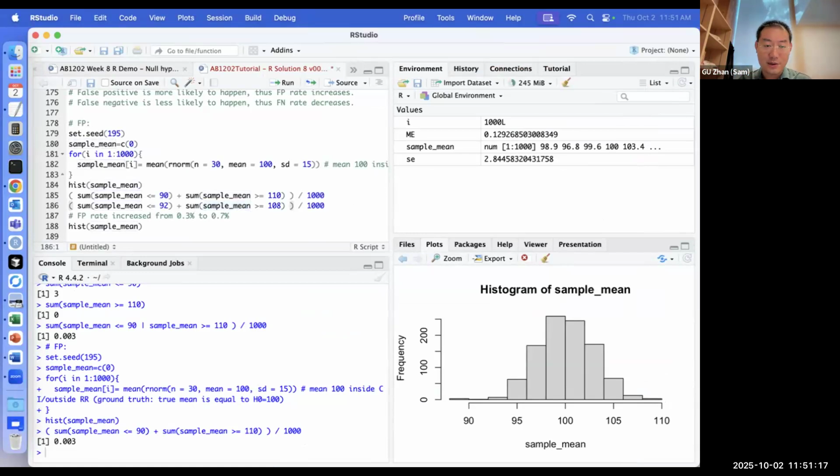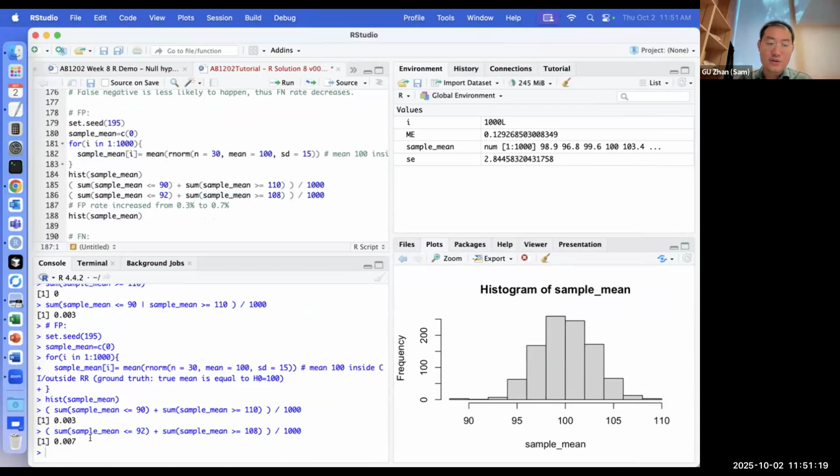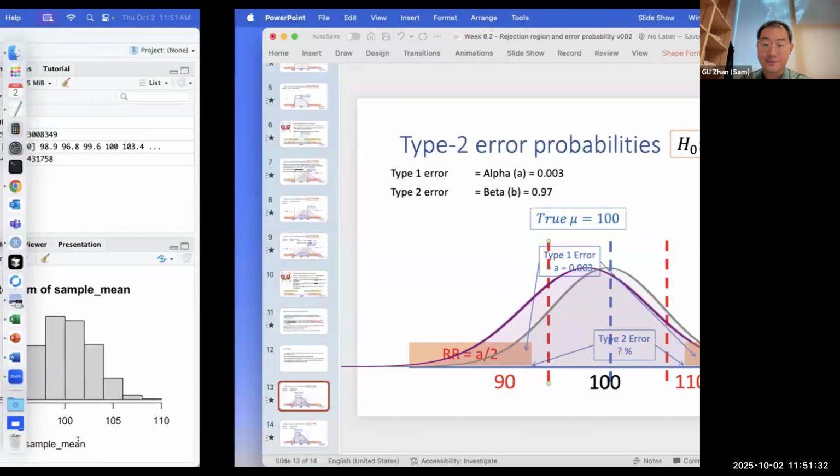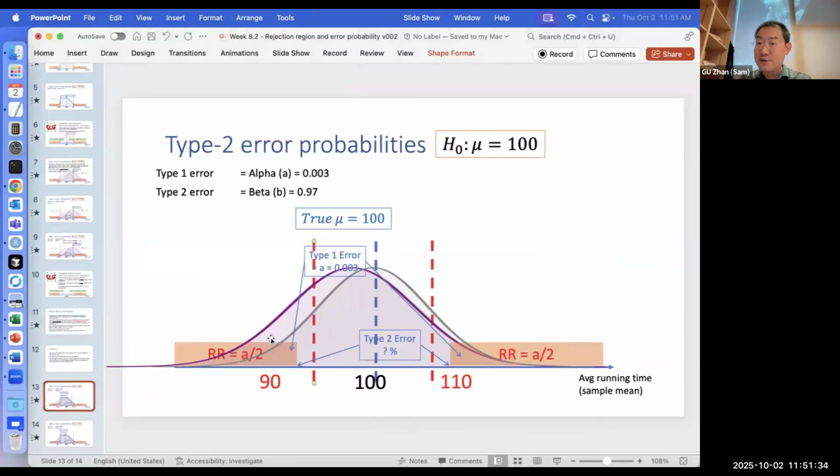Then we divide by 1000. You are going to see that your type 1 error is now 0.007. So it increased from 0.3% to 0.7%.